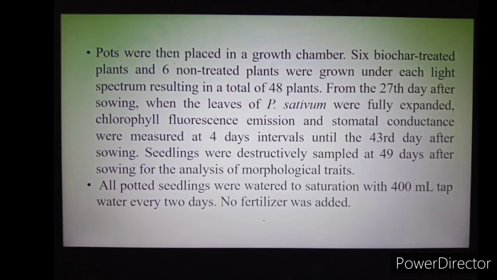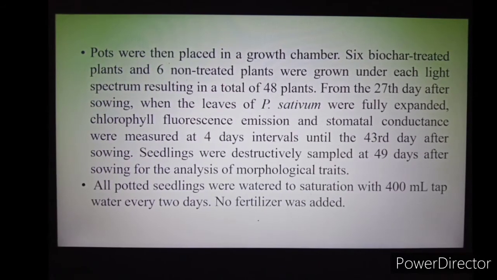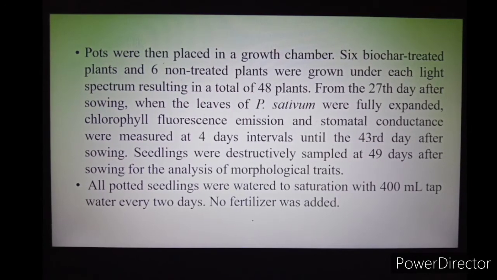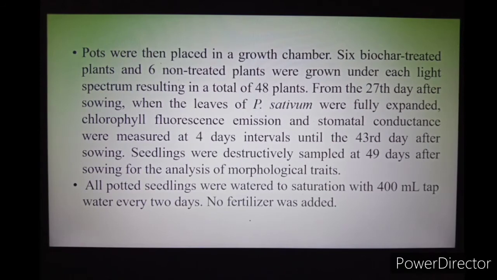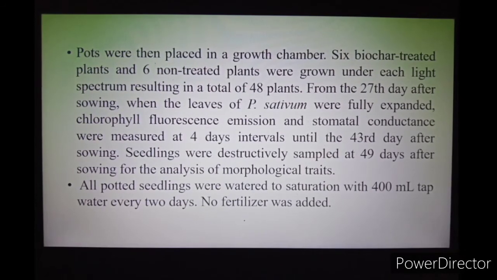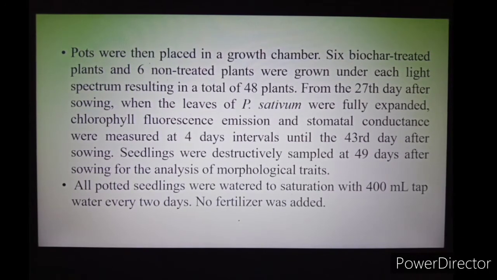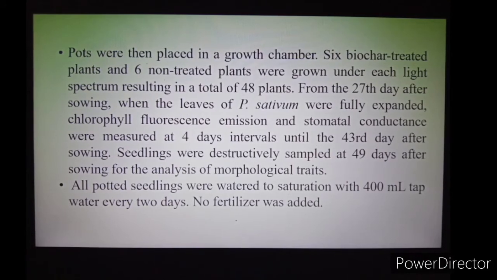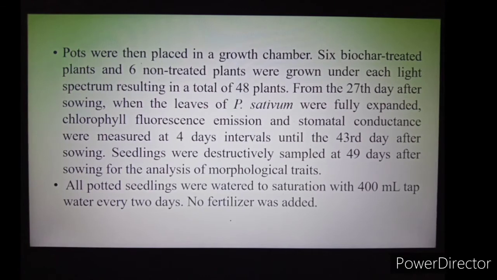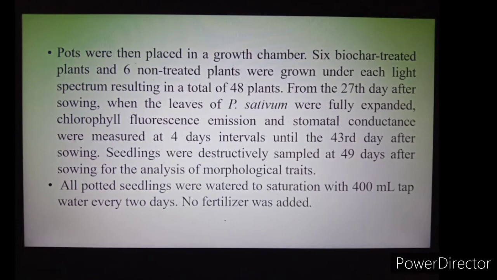From the 27th day after sowing, when the leaves of Pisum sativum were fully expanded, chlorophyll fluorescence emission and stomatal conductance were measured at 4 day intervals until the 43rd day after sowing. Seedlings were destructively sampled at 49 days after sowing for the analysis of morphological traits.